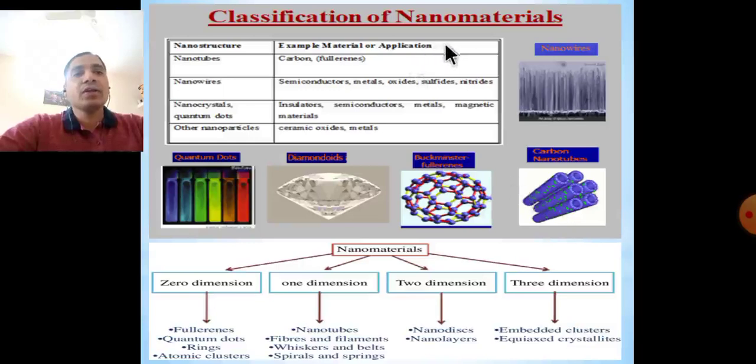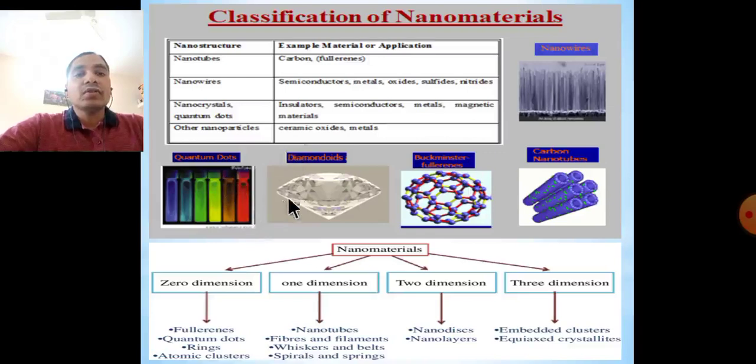Classification of nanomaterials: nanostructures such as one dimensional nanotubes and nanowires, nanocrystals and quantum dots, and other nanoparticles compared to bulk particles.